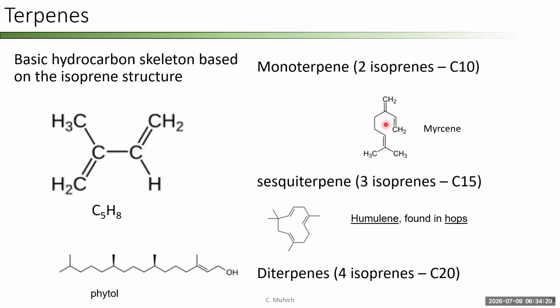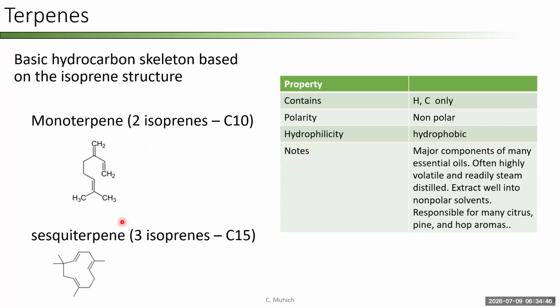You can see that even though we have quite different structures, we can have rings, lots of double bonds or relatively few double bonds, these are combinations of isoprene units which have been combined together. They're highly nonpolar and hydrophobic, as you would guess, because there are no oxygens or nitrogens around to form strong bonds.